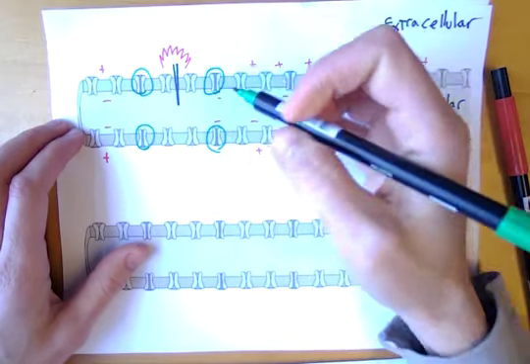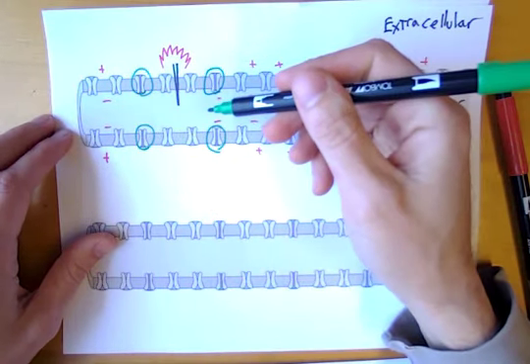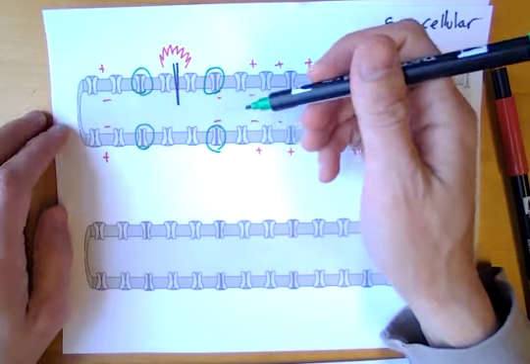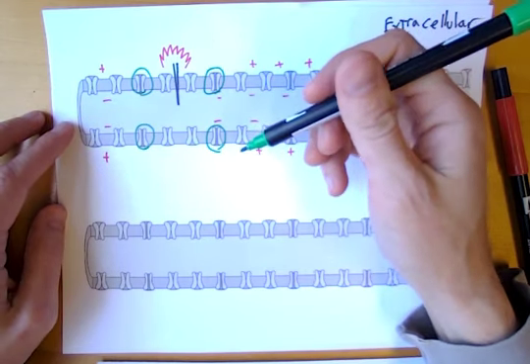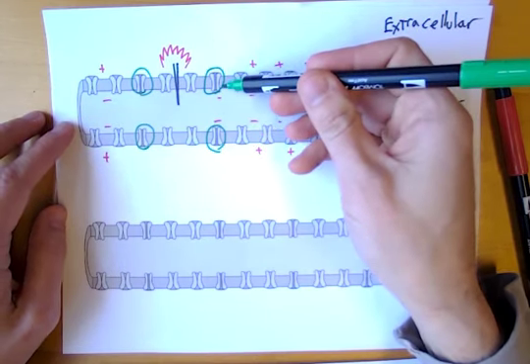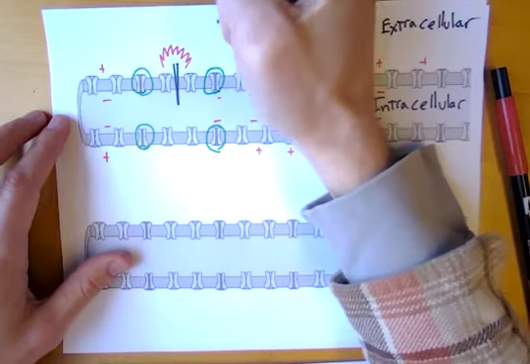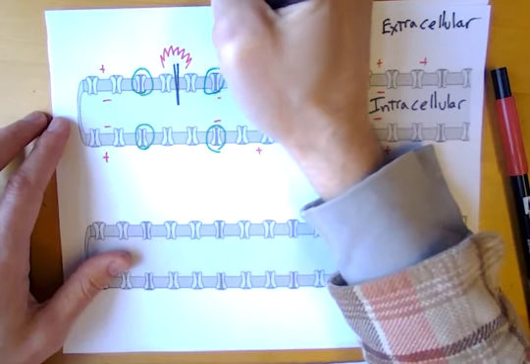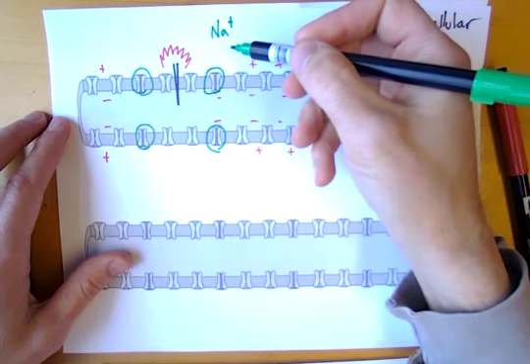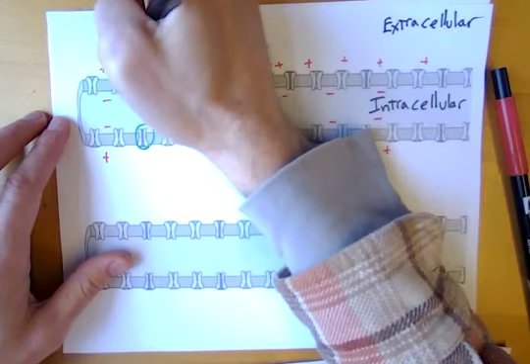Localized in the area where we've depolarized the membrane just a titch, all of a sudden, sodium channels open up. And as we know, there is way more sodium on the outside of the cell than on the inside of the cell.